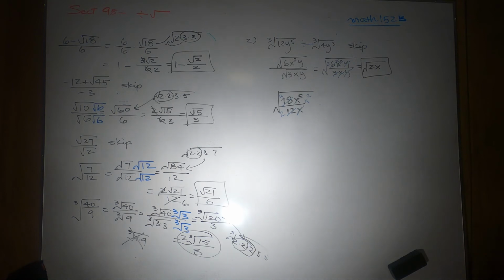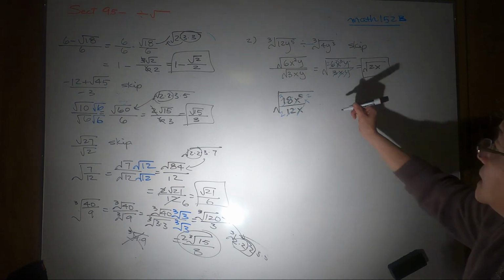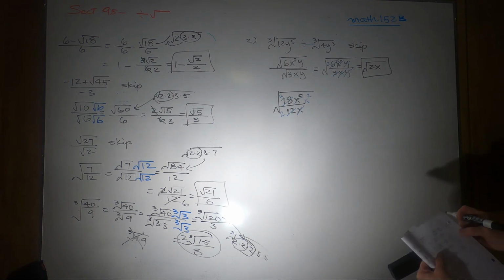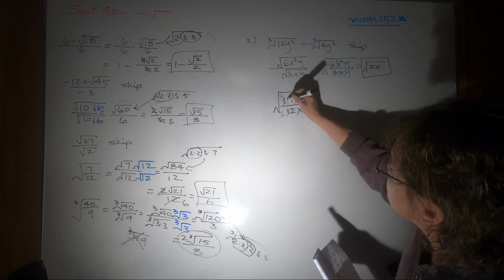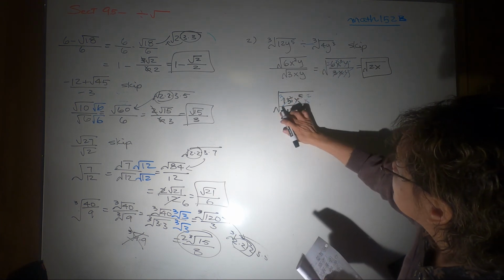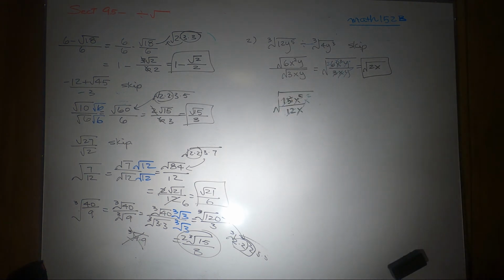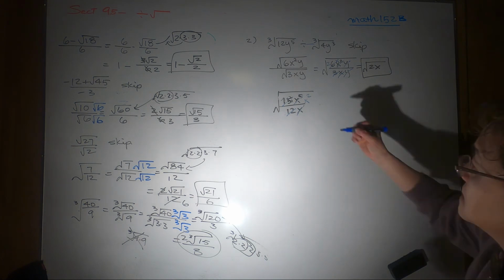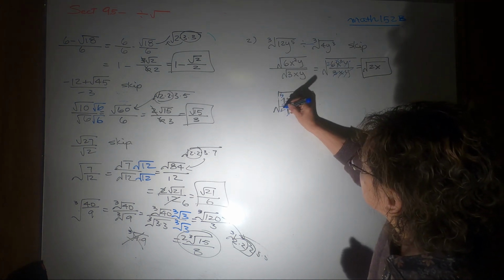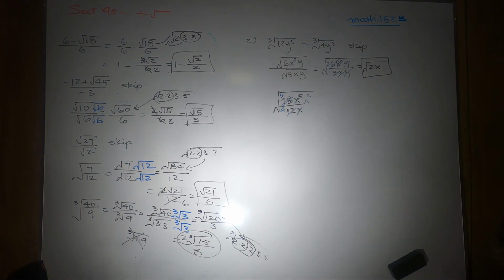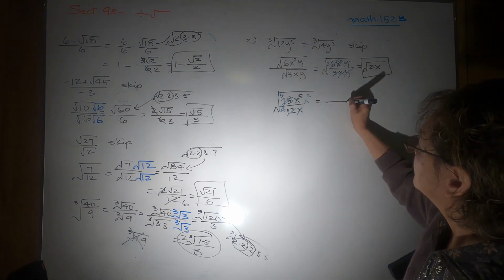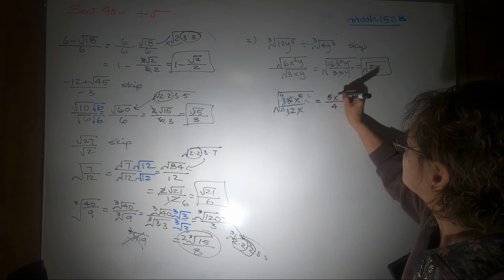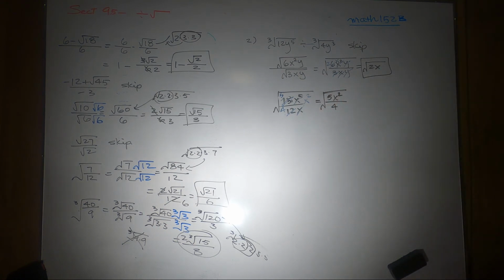Then what do we have? Wait, that's not 18, I cannot really see it. It's a 15, right? If it's a 15, I divide it by what? 3. So that's 5, that's 4. Is that right? So what do we have? We have 4 here, 5x squared here, right?